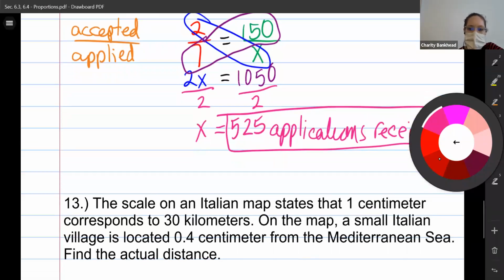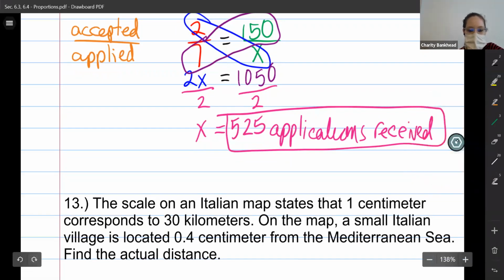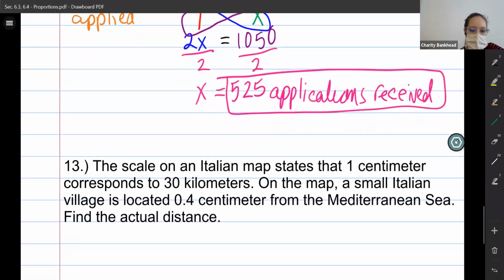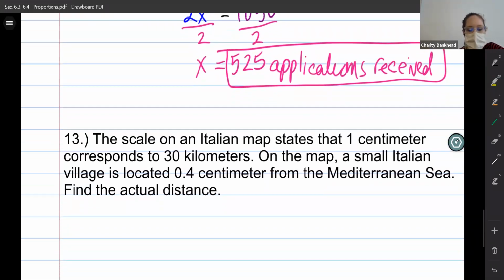All right, number 13 says, the scale on an Italian map states that 1 centimeter corresponds to 30 kilometers. On the map, a small Italian village is located 0.4 centimeters from the Mediterranean Sea. Find the actual distance. All right.